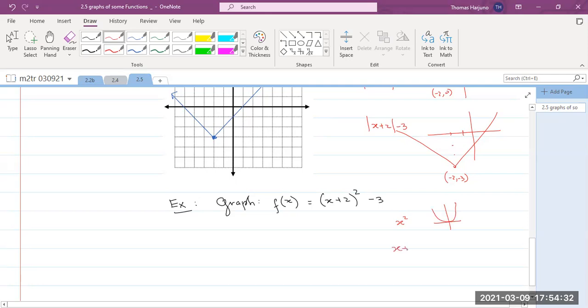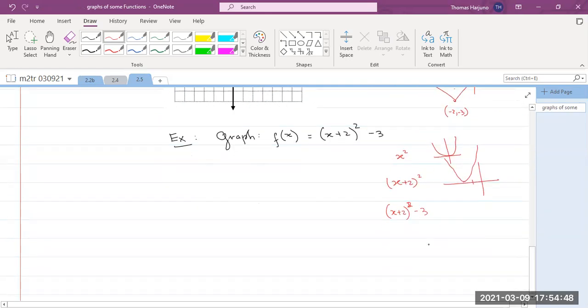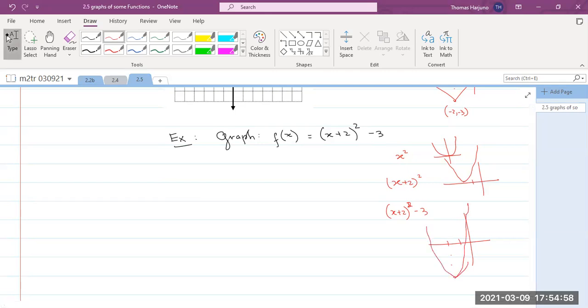Then 2 units to the right. I'm sorry, 2 units to the left. And then 3 units down. So 2 to the left, 3 units down. That's the sketch of the graph.